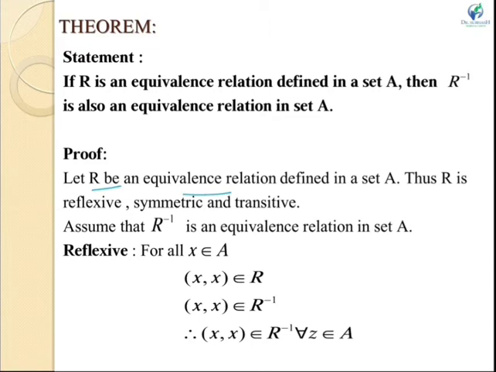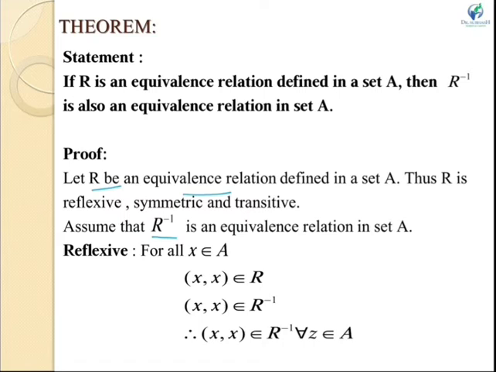That means it must satisfy three conditions: it must be symmetric, it must be reflexive and it must be transitive. Now, if we assume that R inverse is an equivalence relation, then it must also satisfy three conditions. So we will see here whether it is satisfying them or not.